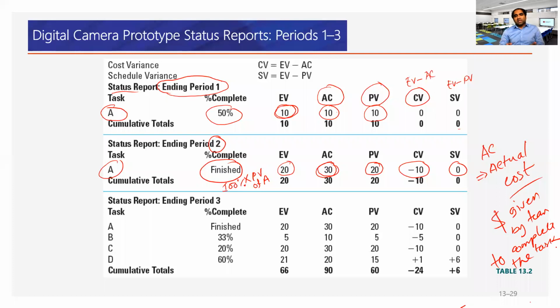Say for instance, I gave you a team of 3 and your job is to complete task A. When you finished it, you came back to me, saying, sir, we finished task A, but we spent $30,000. This is AC, actual cost. Is it clear?